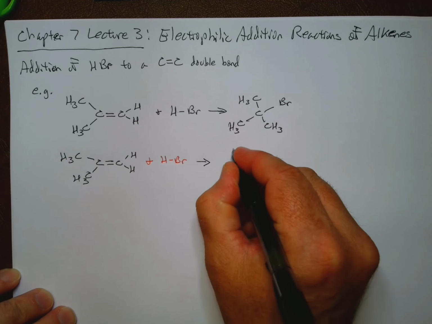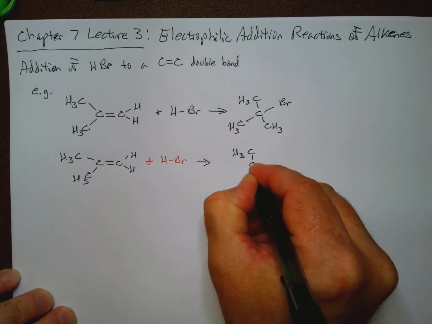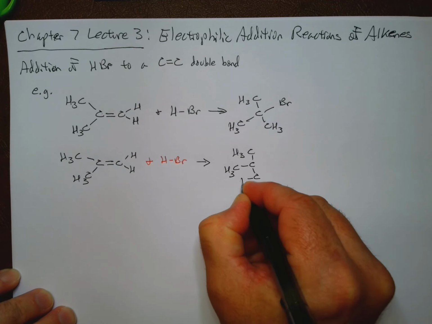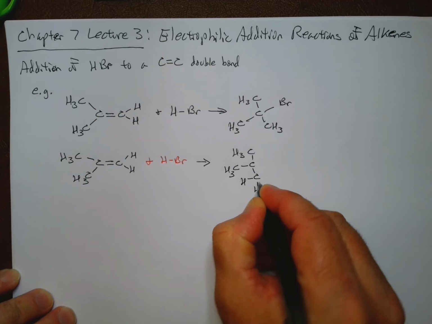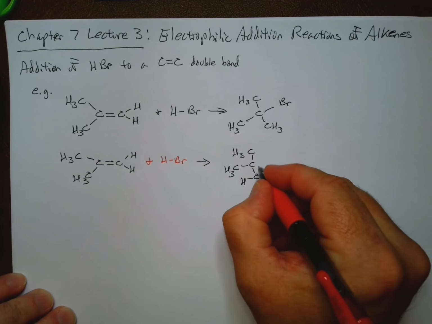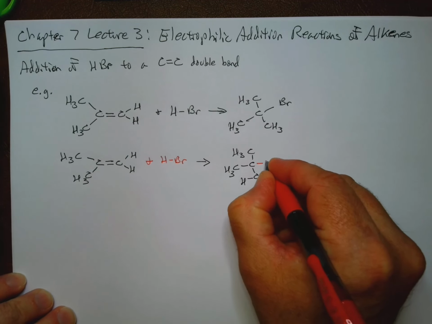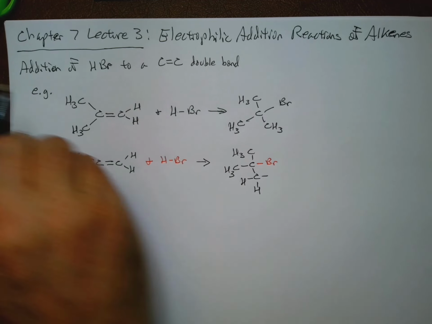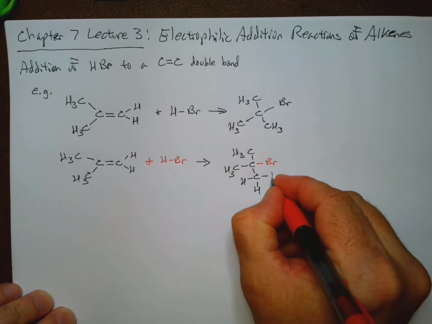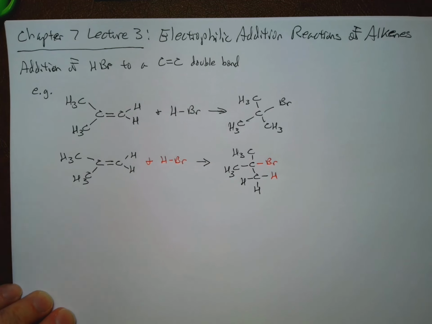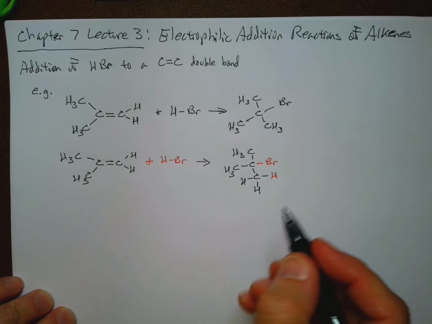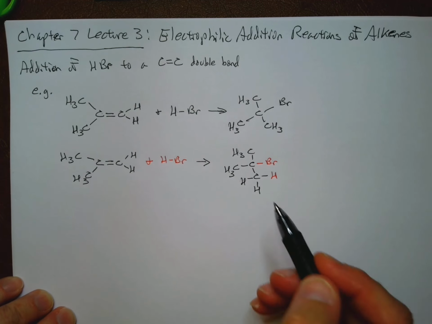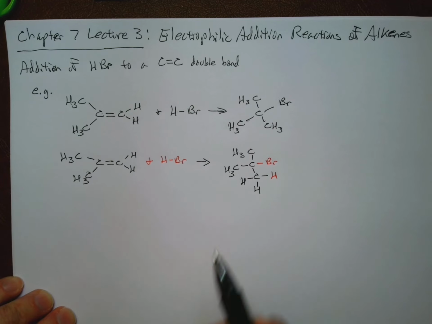And that gives us now H3C, CH3, CH. And that's what we end up with. The bromine is added to one carbon in the double bond, and the hydrogen is added to the other carbon.